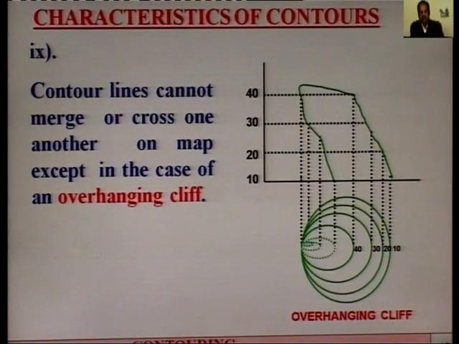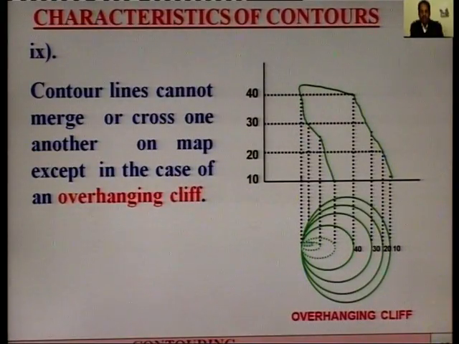Another is that contour lines cannot merge or cross one another on a map except in the case of an overhanging cliff. Please see on your monitor screen, as it is being shown on the diagram. We generally come across, when we go to a hilly area, a type of hill which is projected from the top.